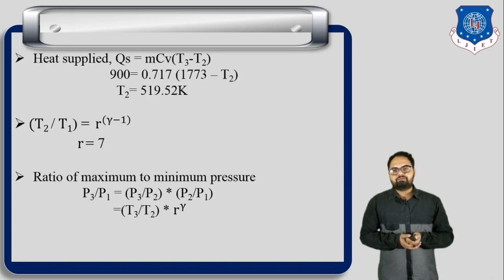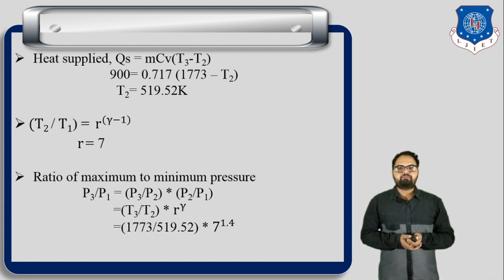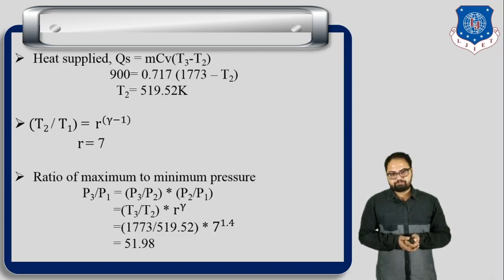So we will get P3 by P1 is 1773 divided by 519.52 into 7 raised to 1.4. We will get 51.98. That is the ratio of maximum pressure to minimum pressure in Otto cycle.